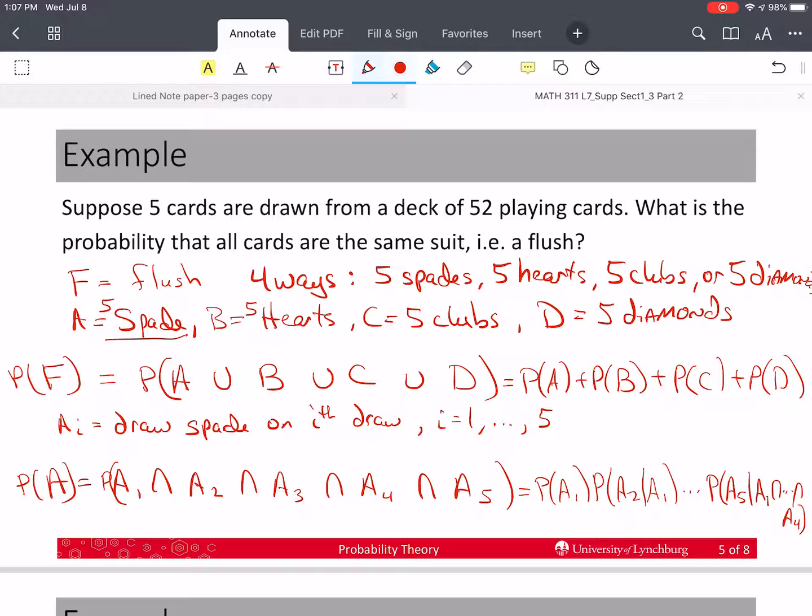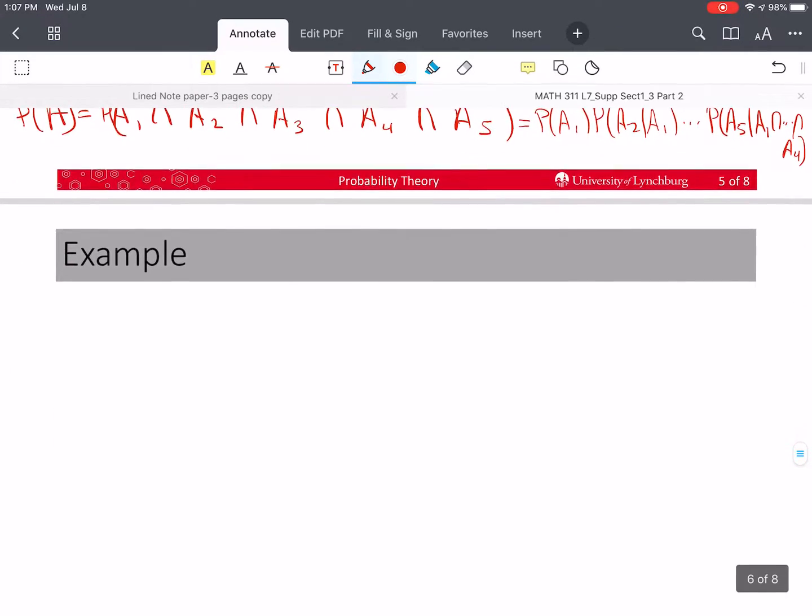All right. With this, the suits are equally likely to occur. So event A is going to have the same probability as event B, C, and D. So we really only have to do this once. So let's work this out.